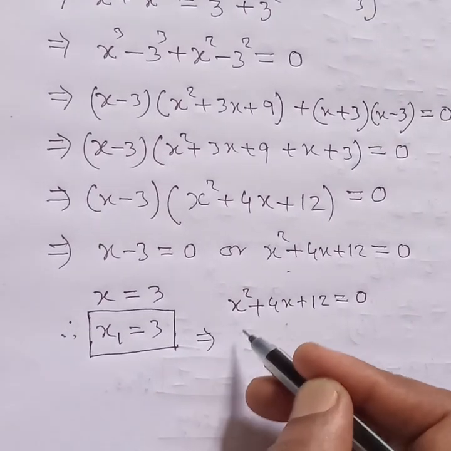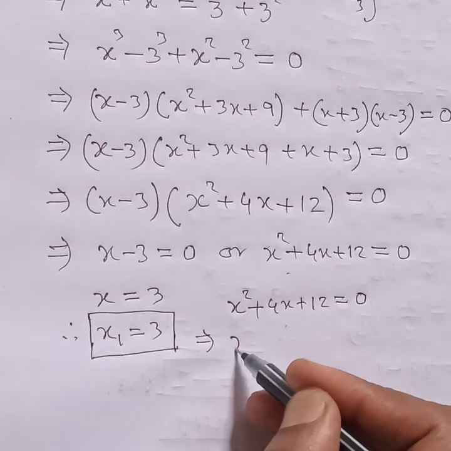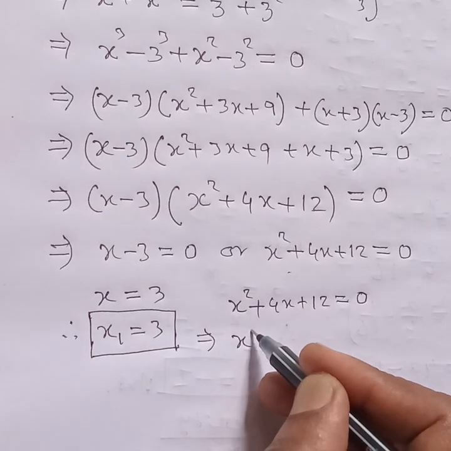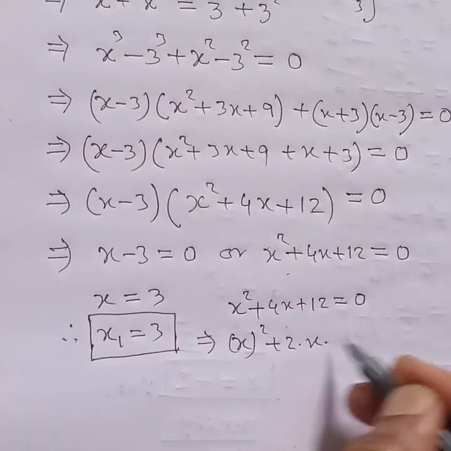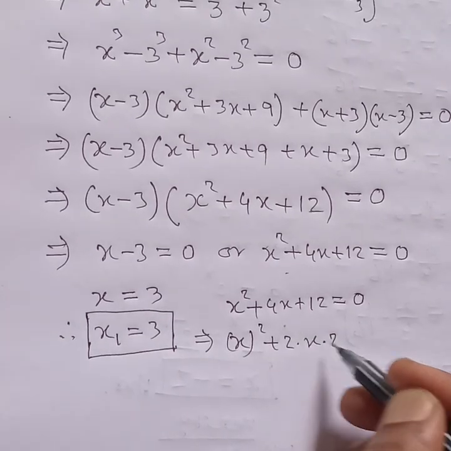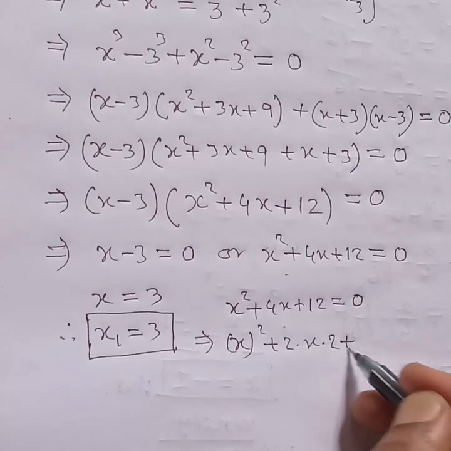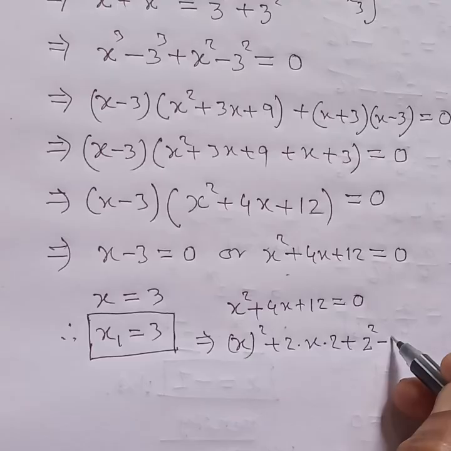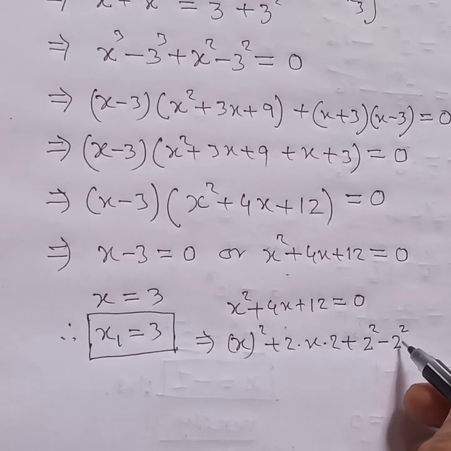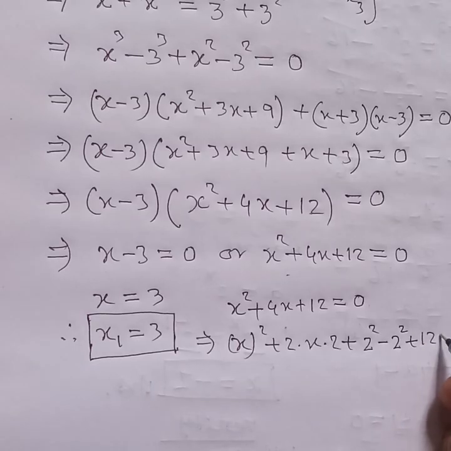We write this as x square plus 2 into x into 2, since 4x is 2 into 2, 4 into x. We write 2 square, also minus 2 square, and plus 12 is equal to 0.